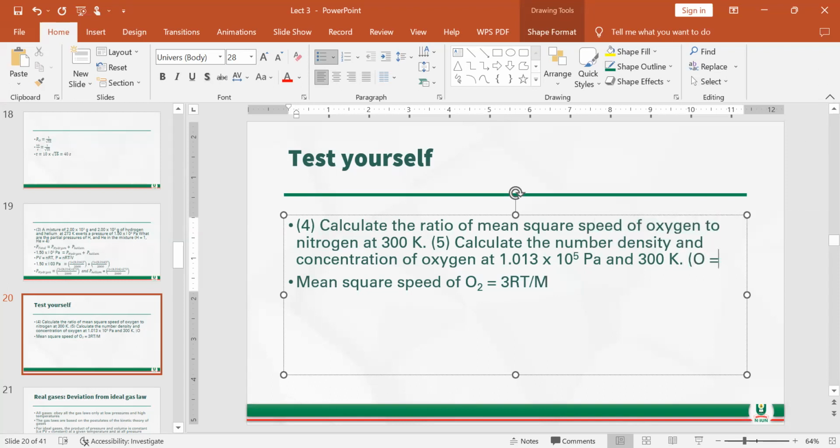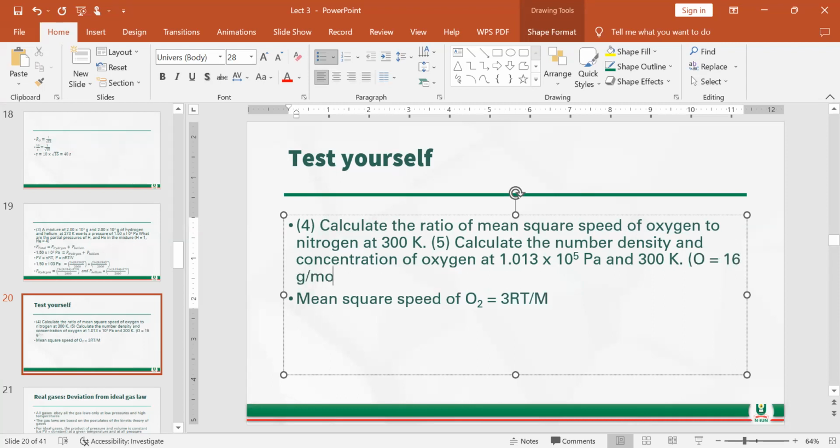The molar mass of oxygen is 16 grams per mole, and that of nitrogen is 14 grams per mole.